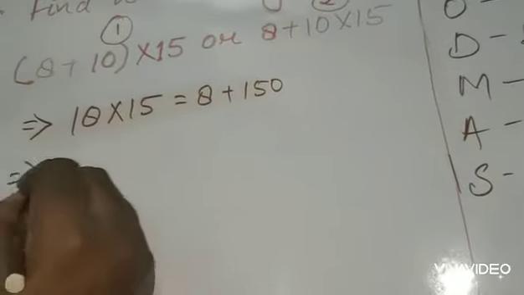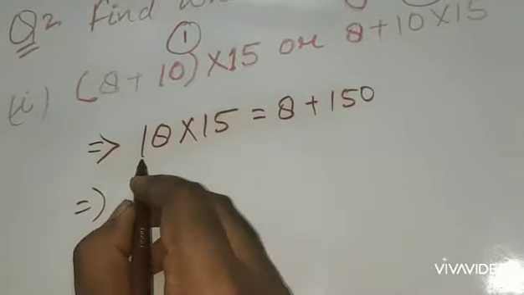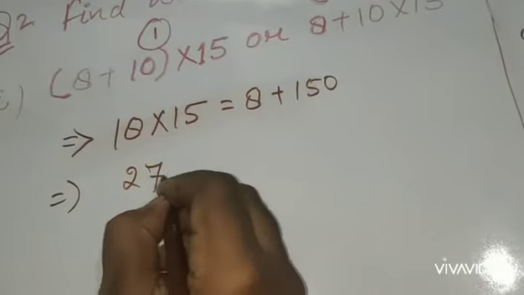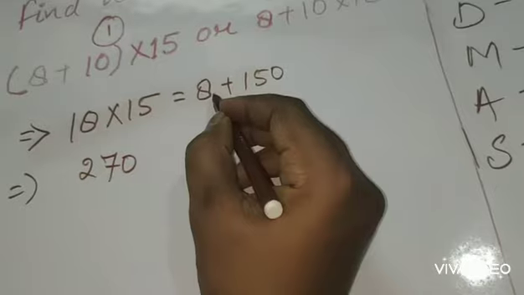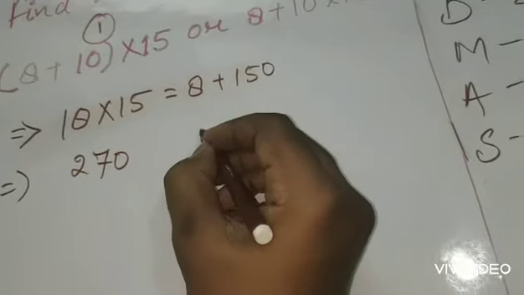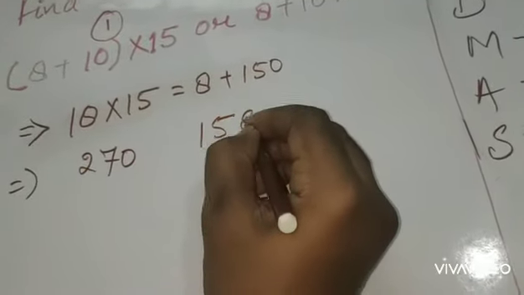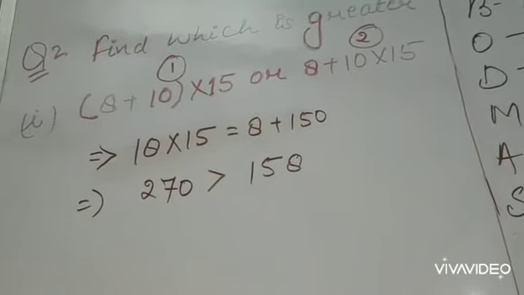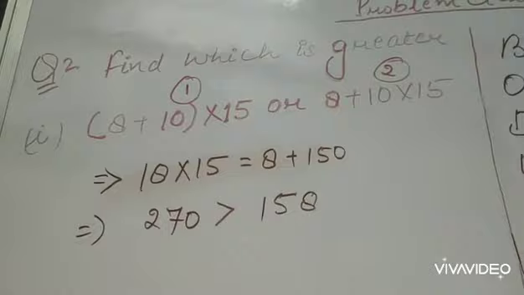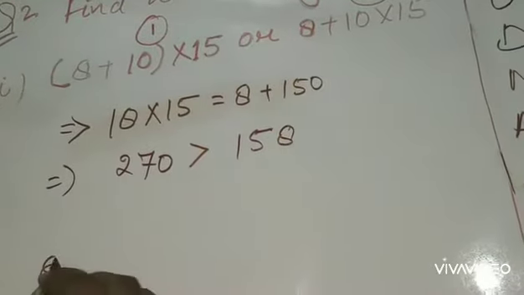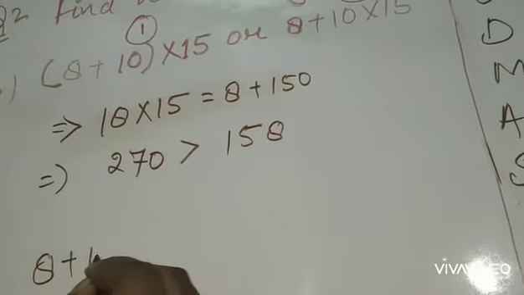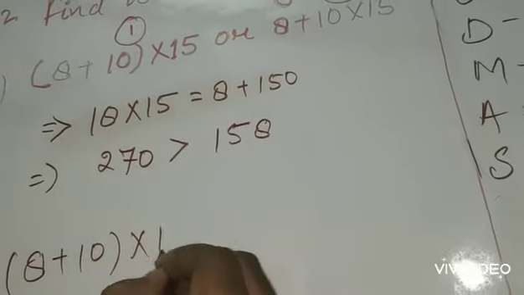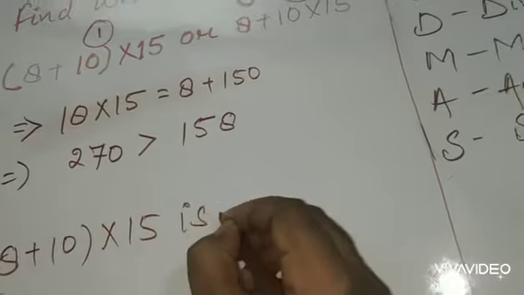Now we can easily solve. 18 multiplied by 15 is 270, and here 150 plus 8 is 158. So your 270 is greater than 158, which means your first part, that is 8 plus 10 within the bracket into 15, is greater.